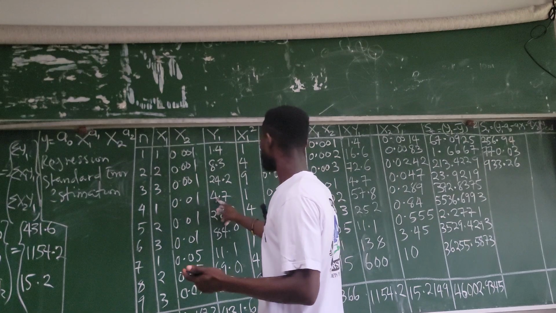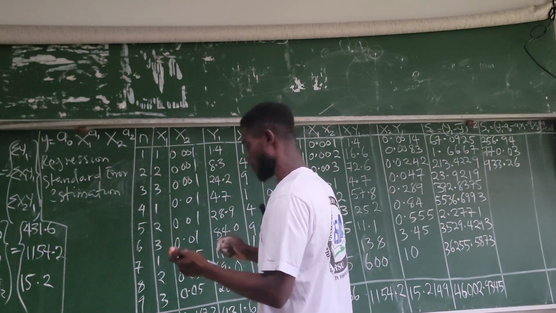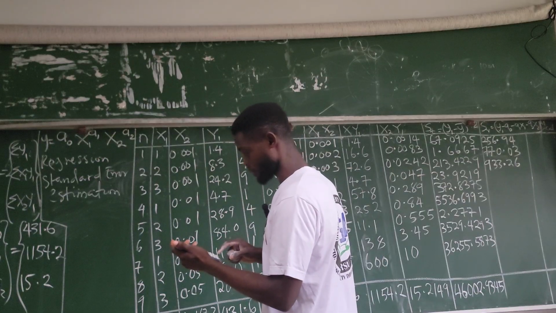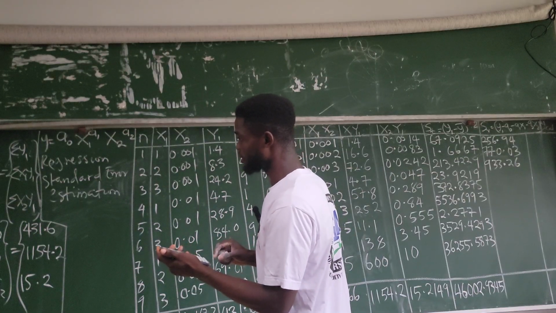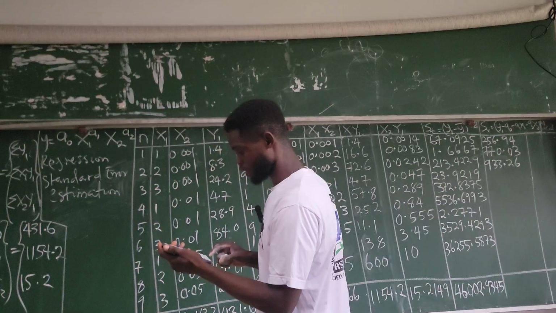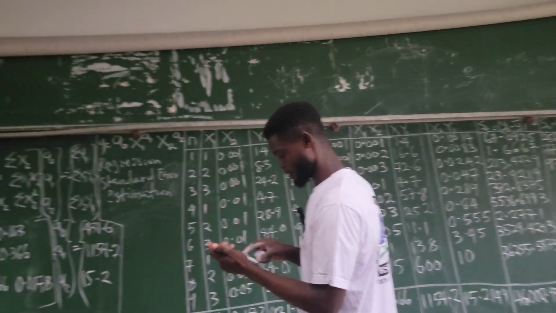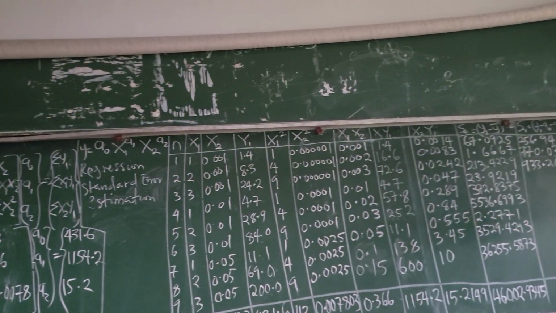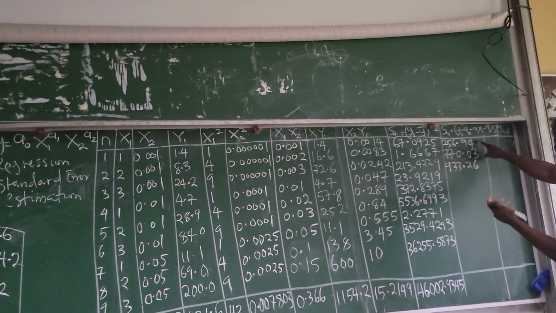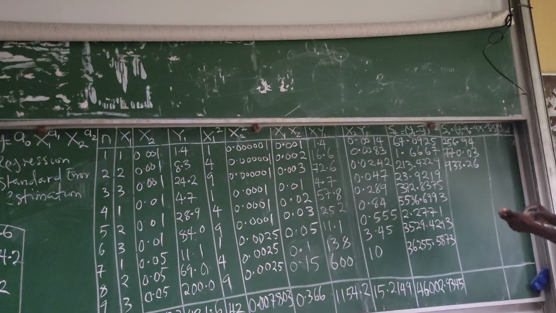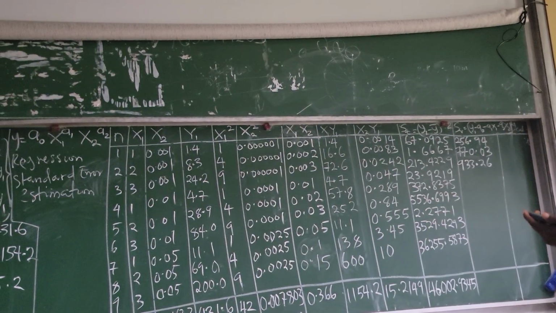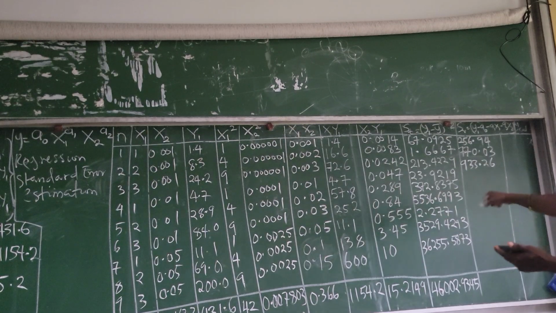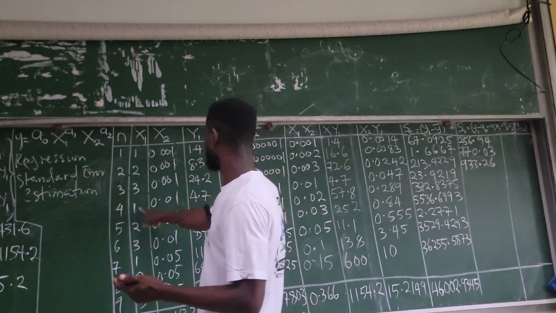Okay, so we'll go back again. Our y, that row is 4.7. So we have 4.7 minus bracket minus A0 is 2.48 minus our A1 is 18.70 times x1 on that column. What is x1? Is 1.